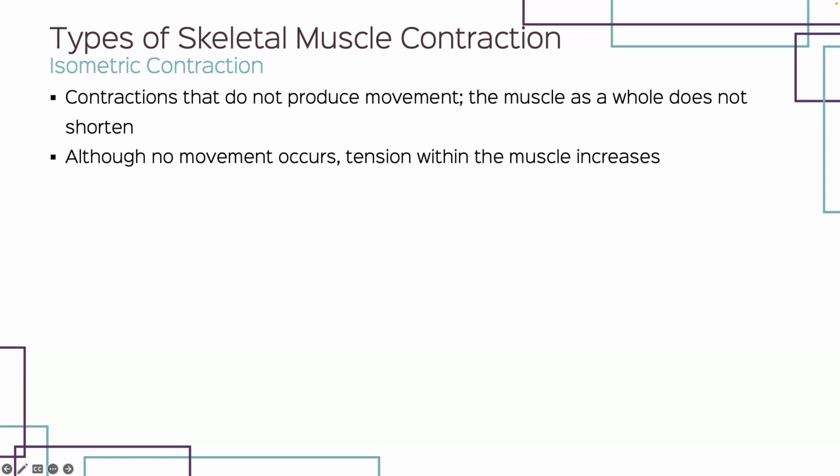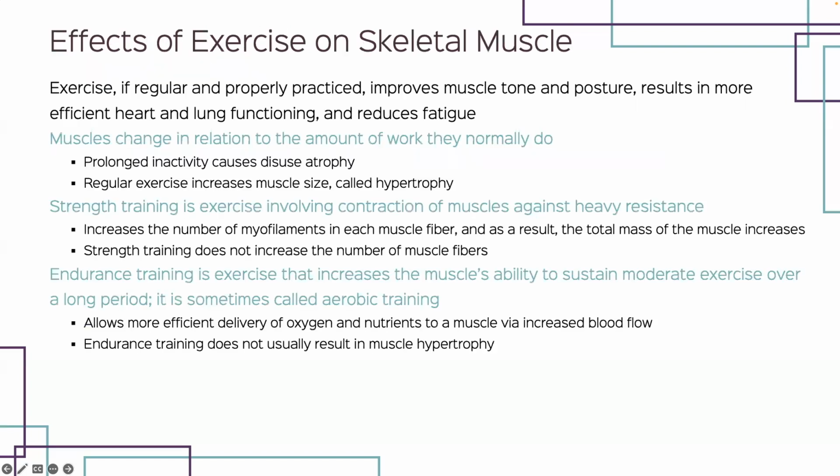Although muscles do not shorten during isometric contractions, tension increases. Because of this, repeated isometric contractions make muscles grow larger and stronger up to a point. Pushing against a wall or other immovable objects is a good example of an isometric exercise. Although no movement occurs, and the muscle does not shorten, its internal tension increases dramatically.